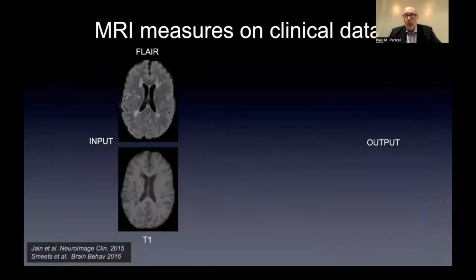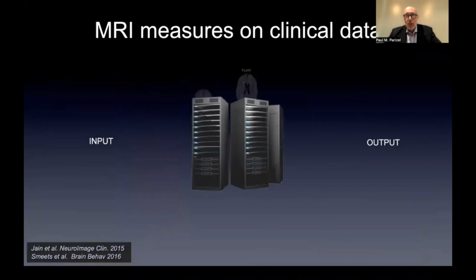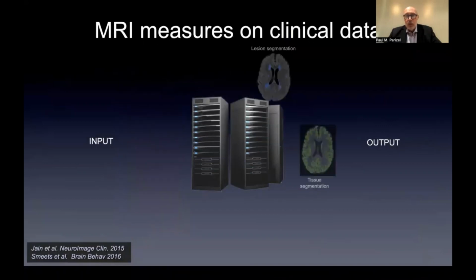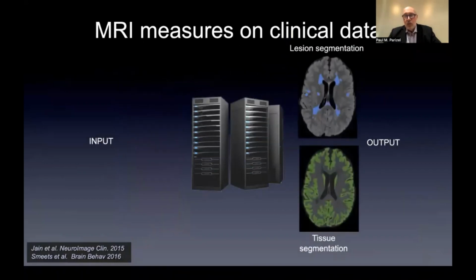When we apply that in a patient with multiple sclerosis, for example, we can segment out the white matter lesions and we can segment out the gray matter. We feed that in a computer and we get lesion segmentation and tissue segmentation.